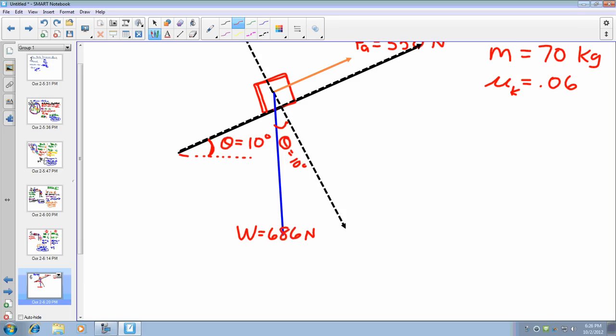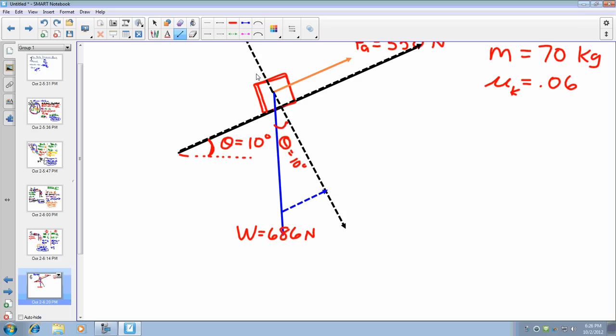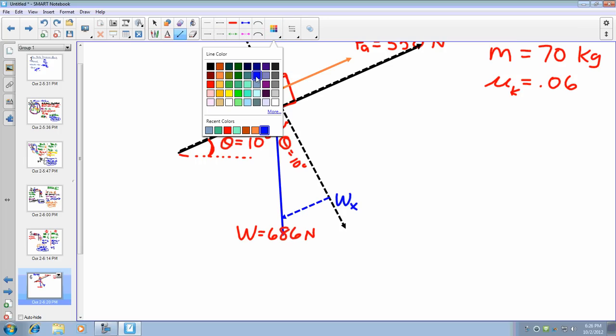Now I want to find, let's use fun colors, the force of gravity in the x component. So the weight in the x component. And then I also want to find the weight in the y component, which already has a dotted line drawn here, but we'll draw it again.